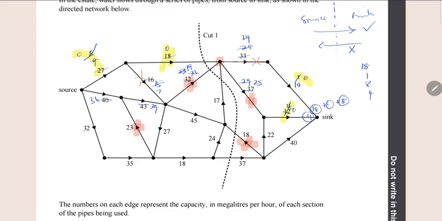Now let's look at any path that will allow water to flow through. So if we came along here, that's a dead end. If we came along here, this is a dead end, and that's a dead end too actually, because it goes backwards. So we can cancel that as well.